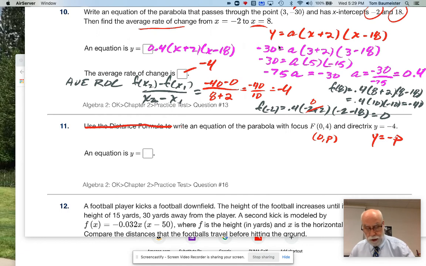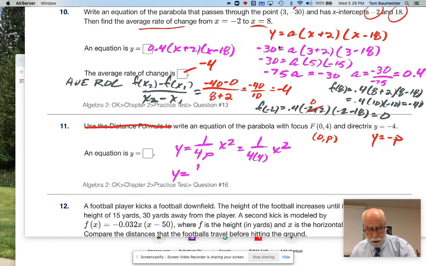So on our equation, we're going to write y is equal to 1 over 4p x squared, which is equal to 1 over 4 times 4 x squared. So y is equal to, and on this one they have the y there again, so be careful, 1 over 16 x squared. And that's your answer for that one.